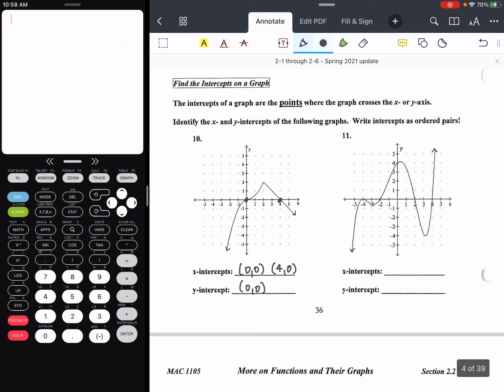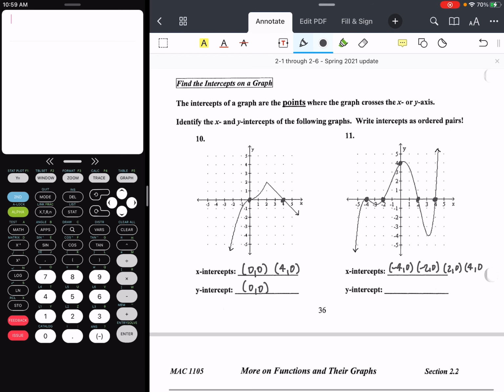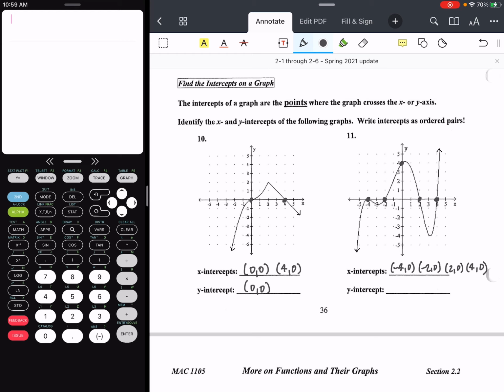On number 11, first I'm going to just identify any time that our graph hits an axis. Looking along the x-axis for x-intercepts, I have -4, 0, -2, 0, 2, 0, and 4, 0. And then along the y-axis, I have 0, 4 as my y-intercept.